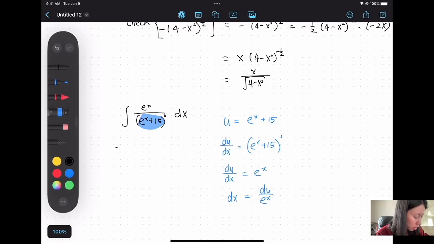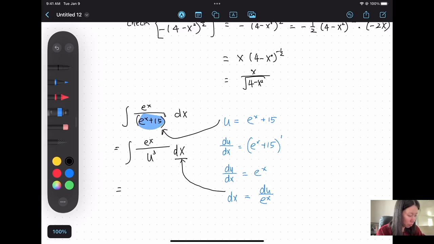I got e to the x over u to the third power, because I substitute the u into our denominator. And then next you want to substitute the dx in here. So I have e to the x over u cubed, times du over e to the x.